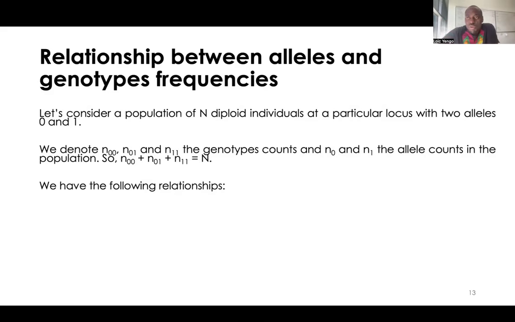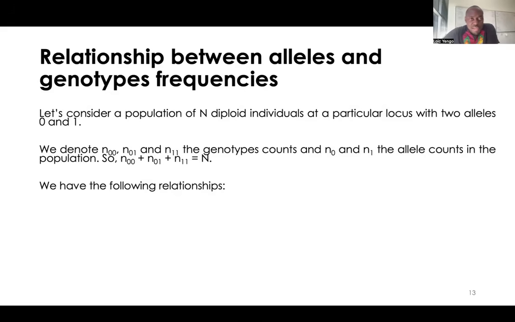At that particular locus we're interested in, there will be two alleles, and for simplicity, we're going to call them allele 0 and allele 1. You can think about 0 being any of the nucleotides you're interested in, and 1 can be anything. It can be an A, a G, a T, or a C.